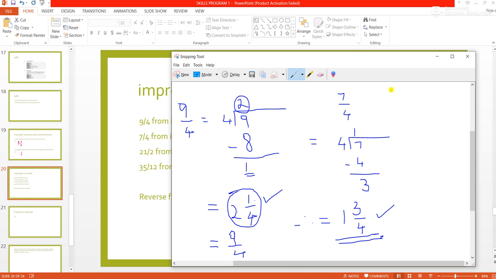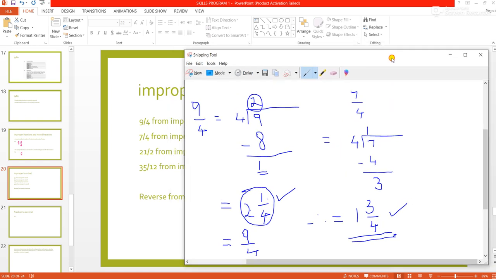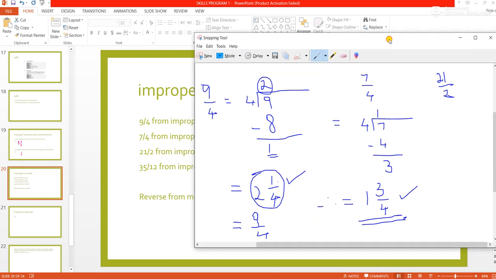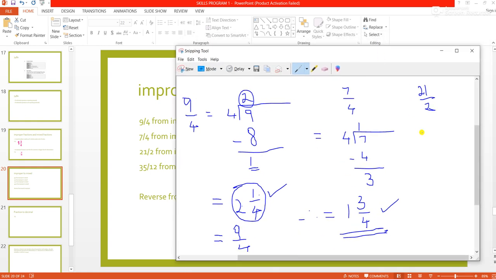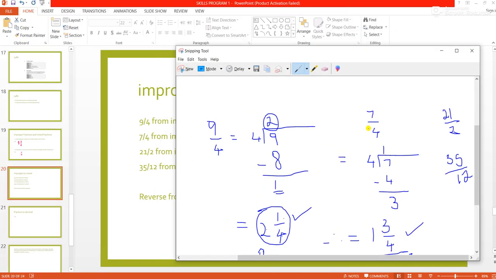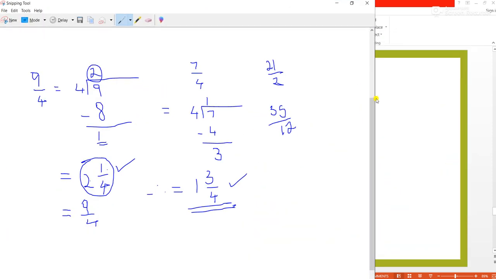From the next example, we have 21 over 2, and also we have 35 over 12. Please do this on your own.